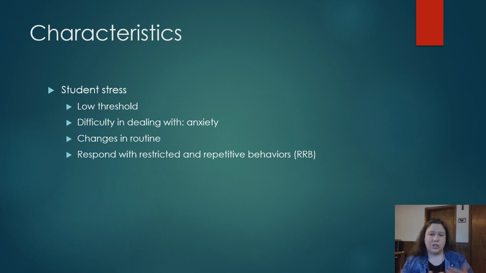So anytime there's a change up and their expectation is gone, that's going to cause anxiety, which is going to add to their stress. And in response to this anxiety or any kind of stress that they're having, that's where we see some of those characteristic restricted and repetitive behaviors, abbreviated RRB. Examples of those restricted repetitive behaviors would include rocking back and forth, maybe doing a certain task repeatedly, just over and over and over again.